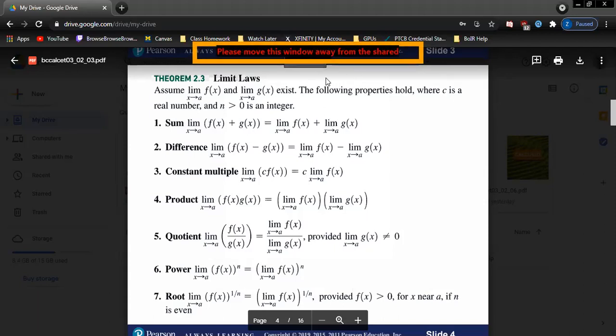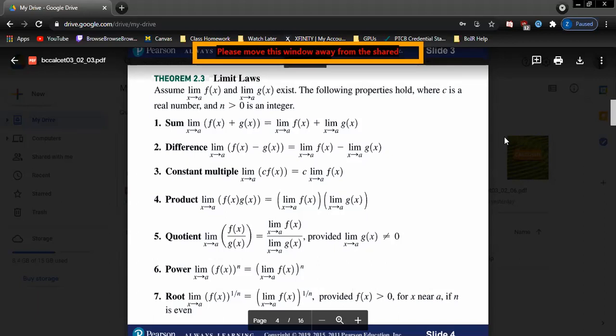Meanwhile, let me go over it. I don't want to waste any time, so I can do two things simultaneously. So the first one says, as I said, if you add two functions and find the limit of that sum, it's actually the same as finding limits of two different functions separately and then adding those two. Okay, now what does this mean?